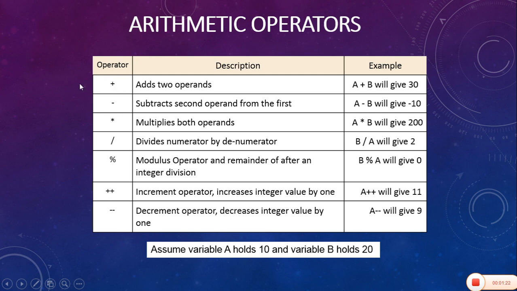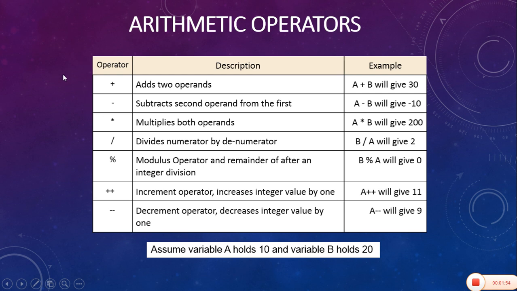For addition, we use the same plus sign, and for subtraction, the same minus sign. But for multiplication, the asterisk sign is used in C++, while for division, the slash sign is used. And for the remainder, the percentage sign is used. These two are the increment and decrement operators.